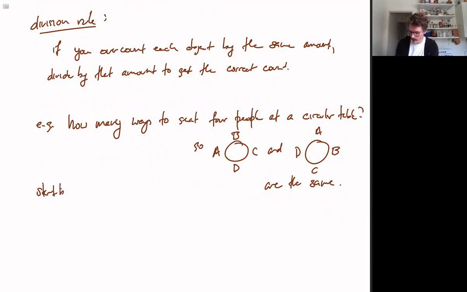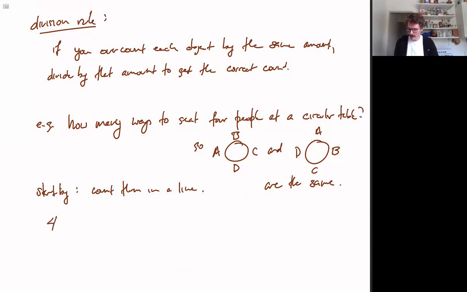So ignore the symmetry, and let's say we count them in a line. Now that we've changed it from a circle to a line, this is more familiar, we can just use the product rule.